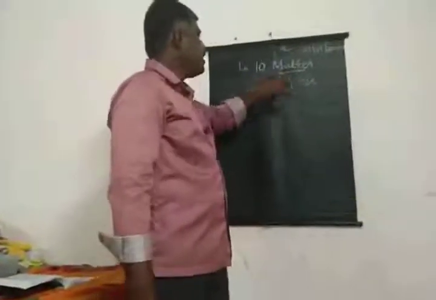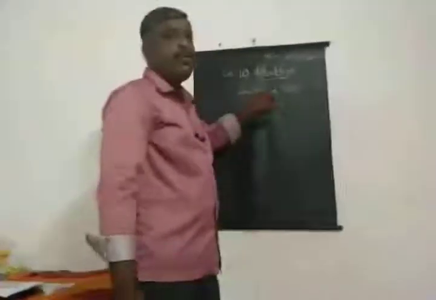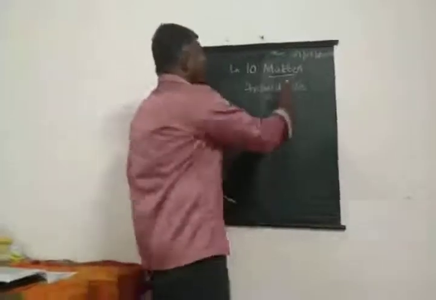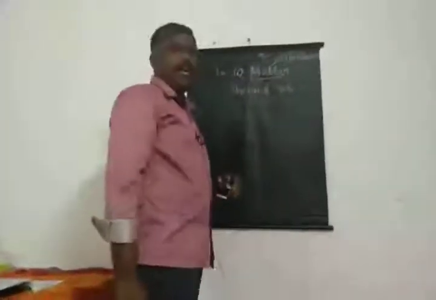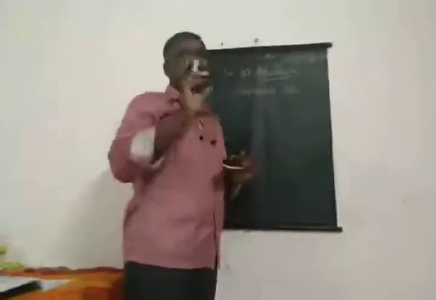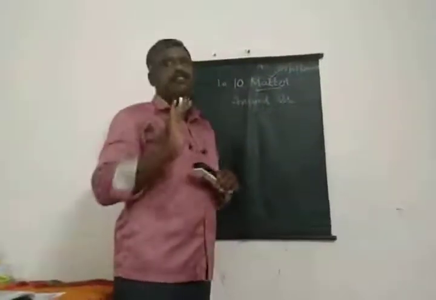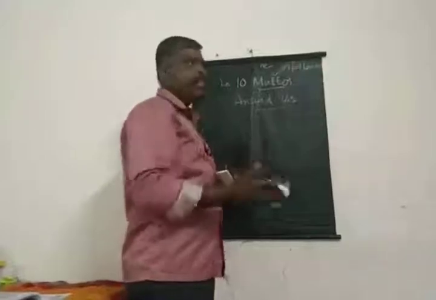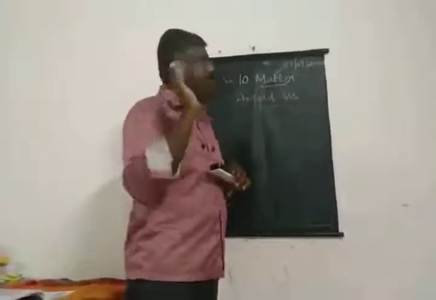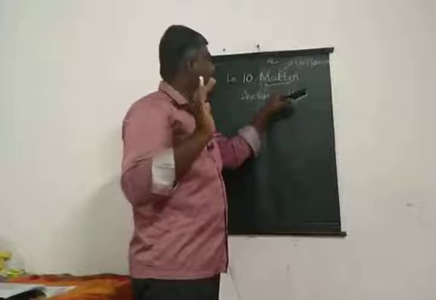Next, chemistry, first lesson, matter around us. So what is meant by matter? Matter is nothing but anything, either an object or a thing or a material, whatever it may be. That is called matter.